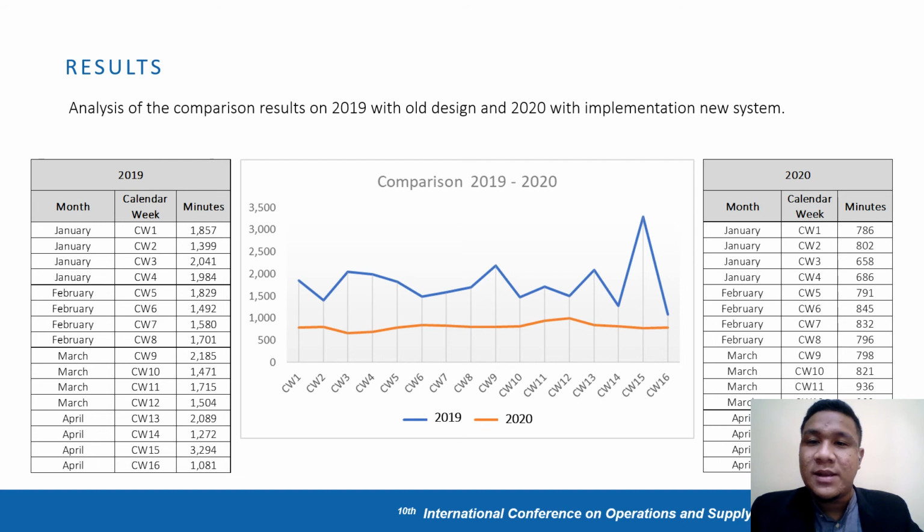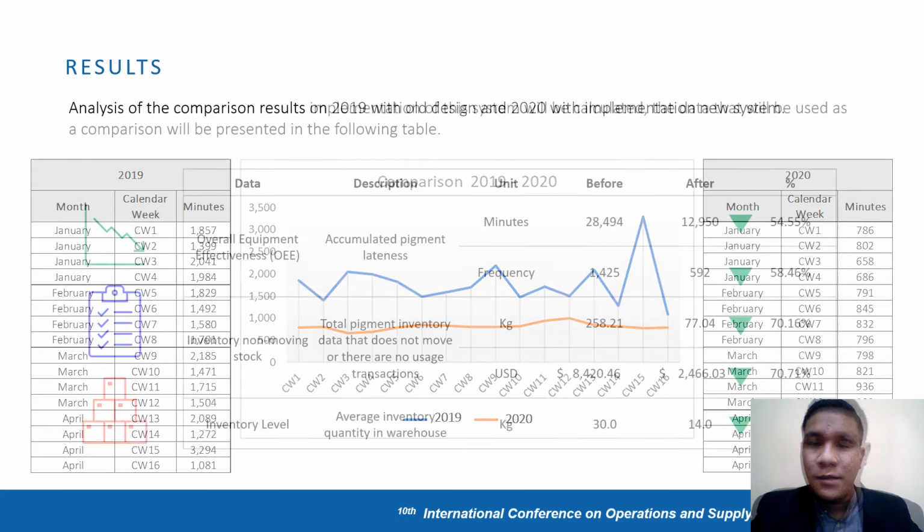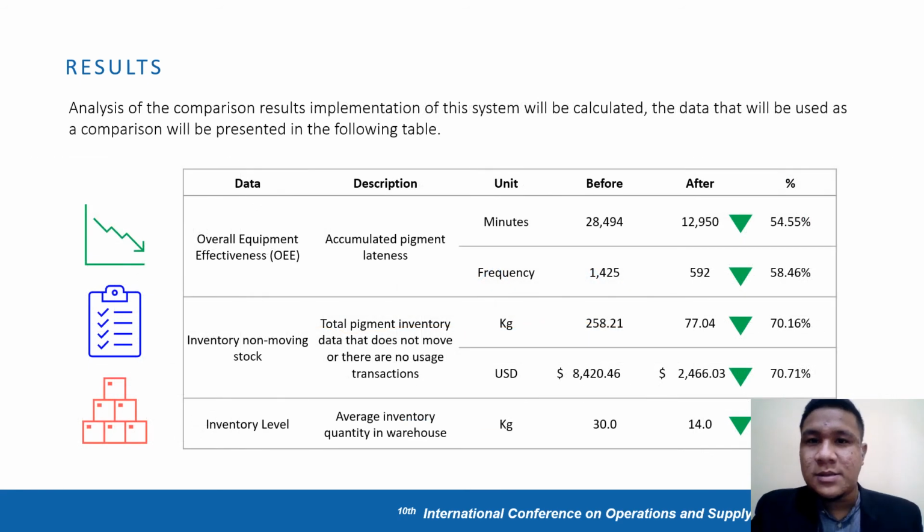And on the graphics, 2019 shows a lot of fluctuation, and 2020 is more stable.